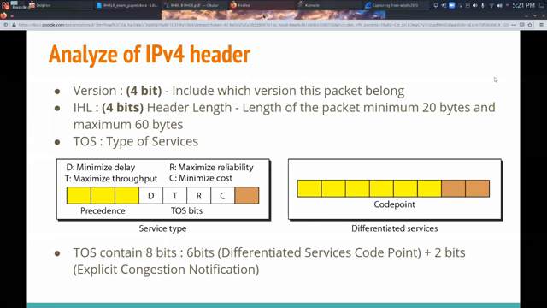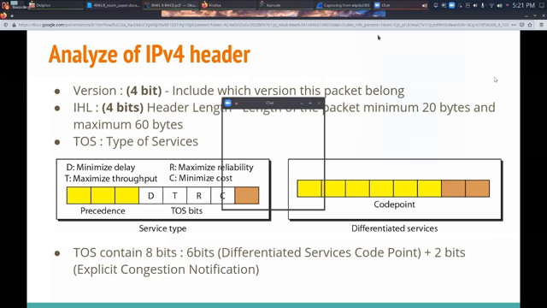Right, I'll explain this again. No, what they are mentioning is the options field actually.